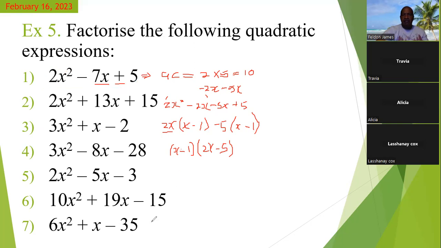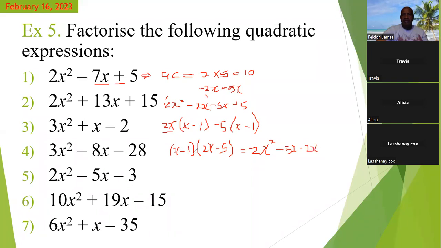Now, a way to check your factorization to see if it is really correct, you could just simply multiply out the bracket, expand the bracket, because we would have done expansion, binomial expansion. So we multiply x times 2x, we would get 2x squared. And then now we say x times -5 give us -5x. And then now we use -1 times 2x give you -2x.